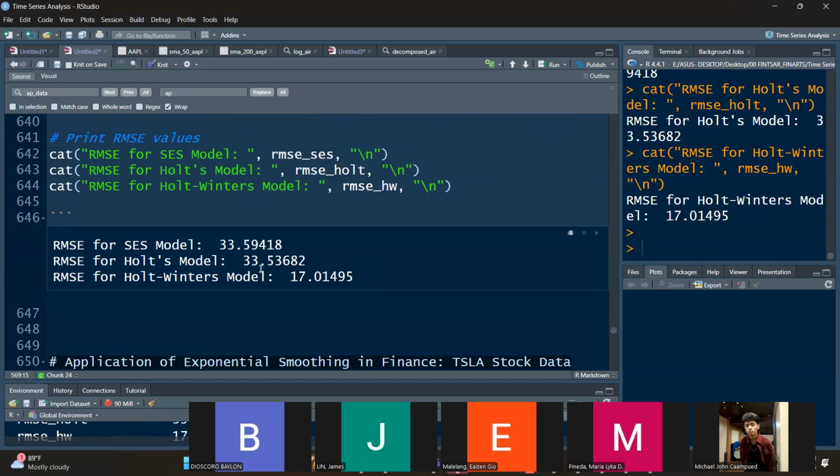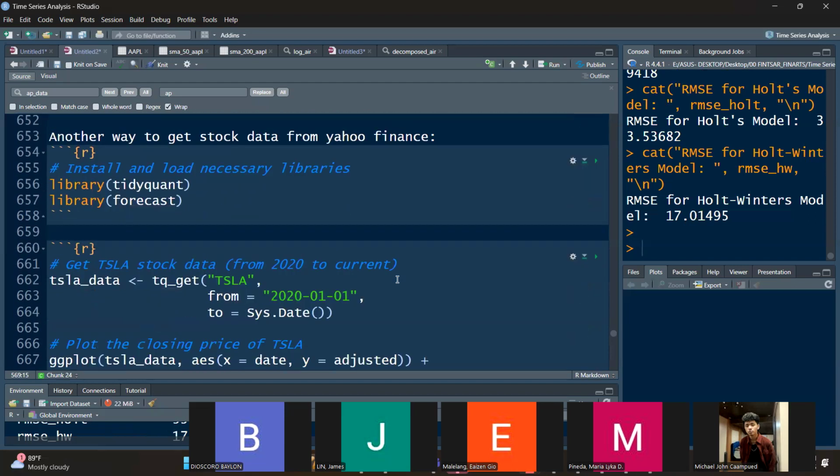For Holt, it's not much difference from SES, but take a look at this. Holt-Winters, 17, almost half less than either SES or Holt. So this tells us that indeed Holt-Winters is very appropriate. It's the far better model, especially if your data has trend and seasonality.